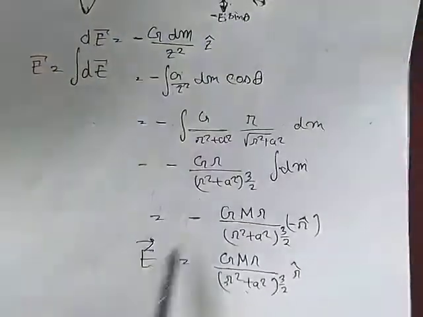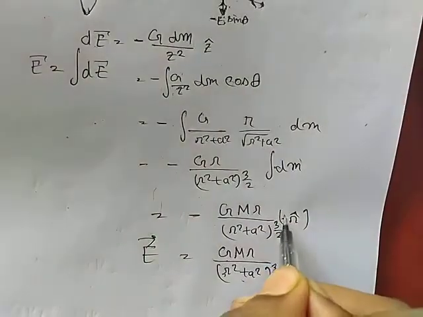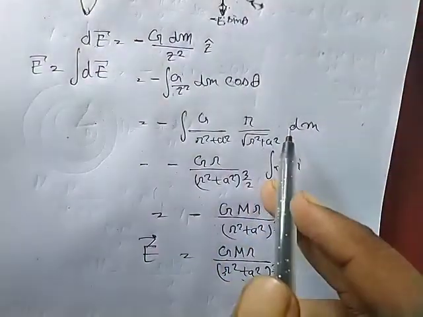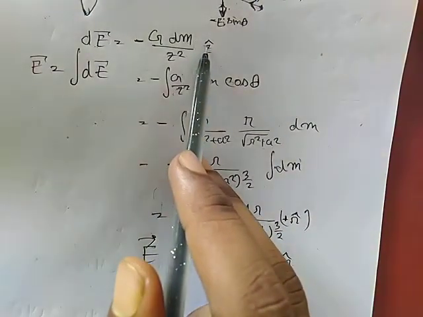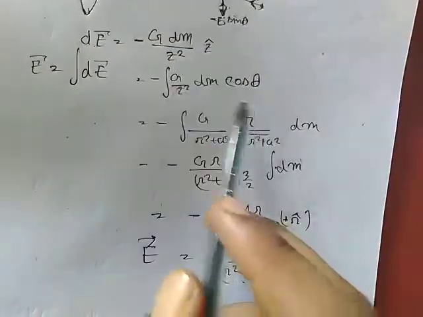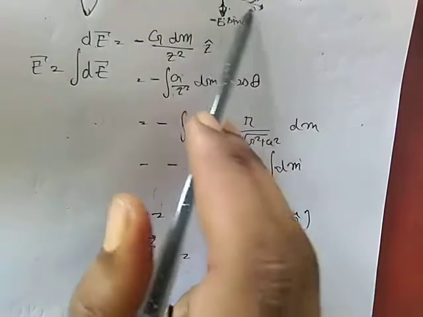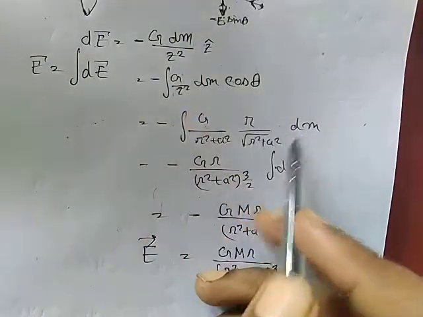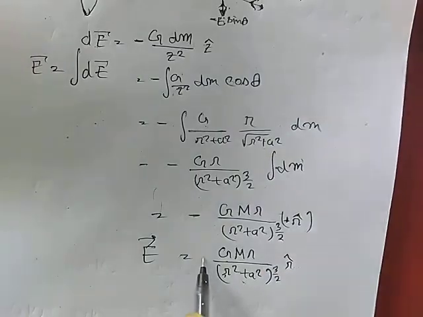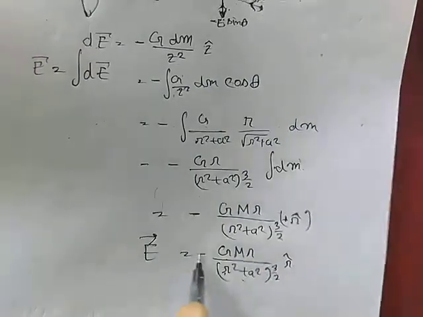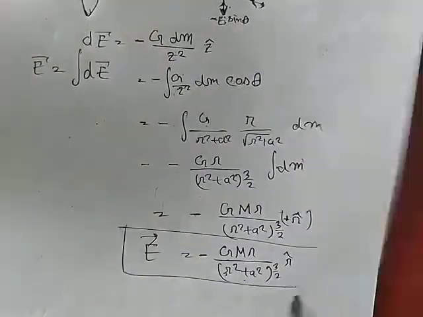This field is directed towards the center, so we have written here z hat, that is negative z hat. Z hat is in this direction, so this is plus r hat and there will be this minus.